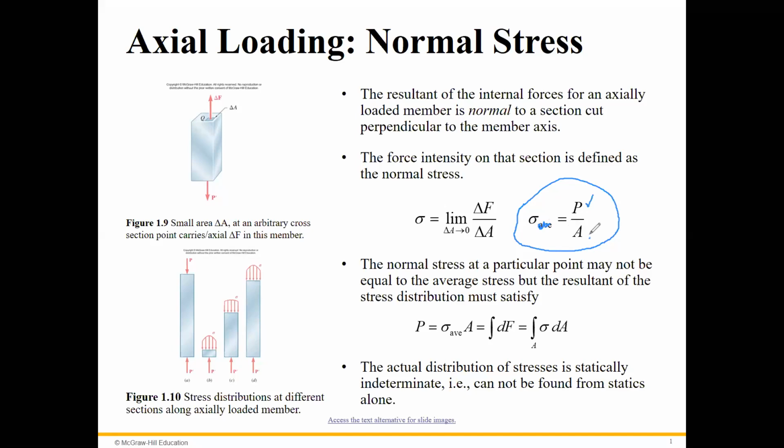If we increase the area, which means we increase the denominator, then the stress decreases. Then we check again: if the new stress is less than the allowable stress, we can say, okay, that's fine. If not, again we should increase the cross section, right?